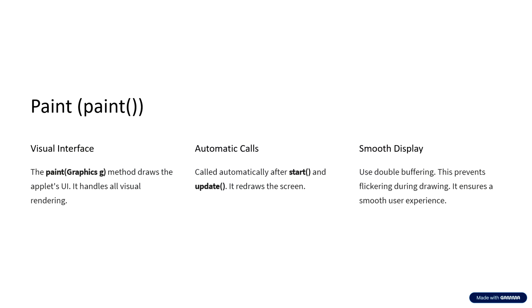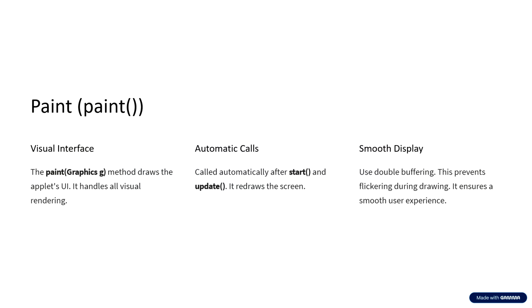This situation can occur for several reasons. The paint method has one parameter of type Graphics. This parameter contains the graphics context, which describes the graphical environment in which the applet is running. This context is used whenever output to the applet is required.